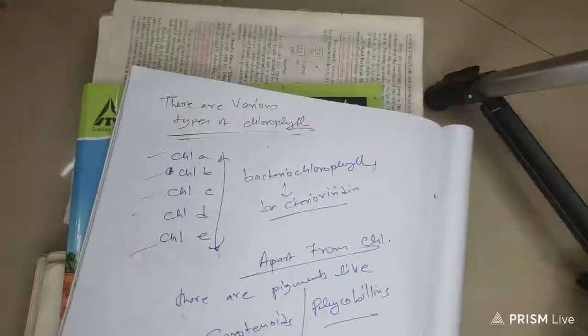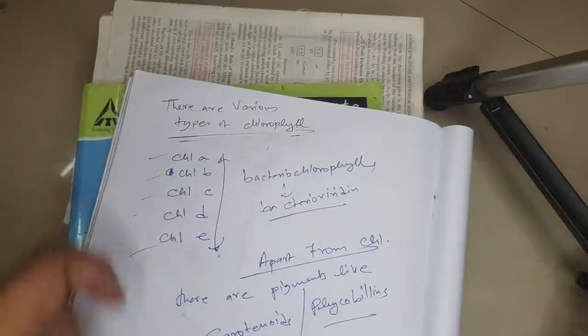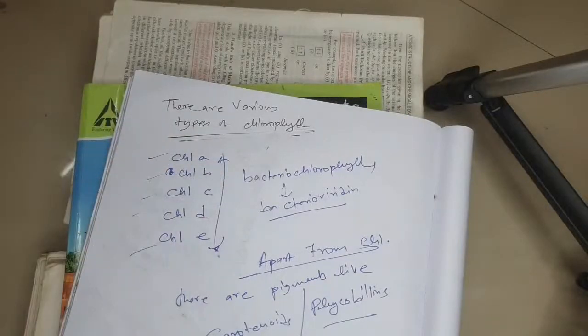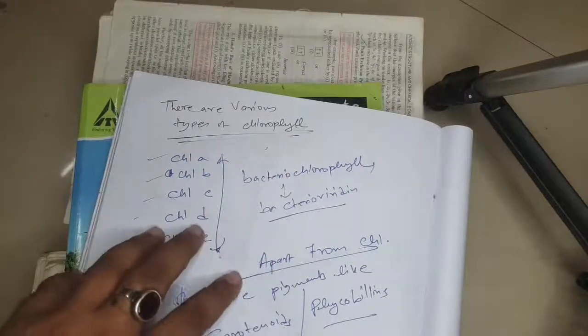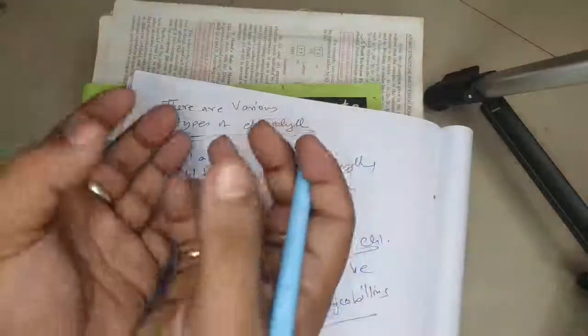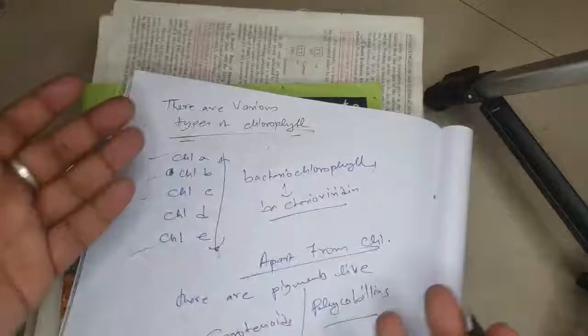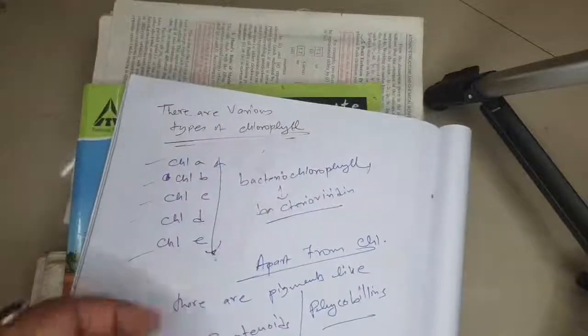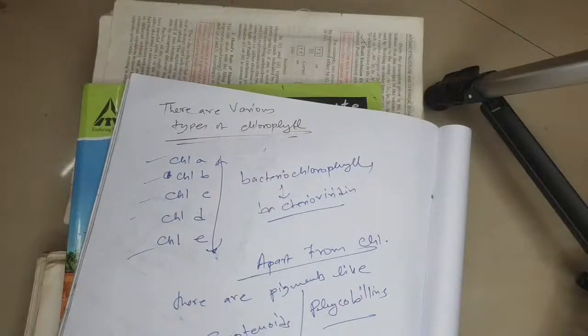So these chlorophylls are different from each other in respect to the structure, and not only that, in respect to the color they show in the transmitted light, what color they show in the reflected light, where they are present mainly, and also what is the range of wavelength which it will absorb. And hence we will know in which range of wavelength the presence of which chlorophyll gives us the highest rate of photosynthesis.